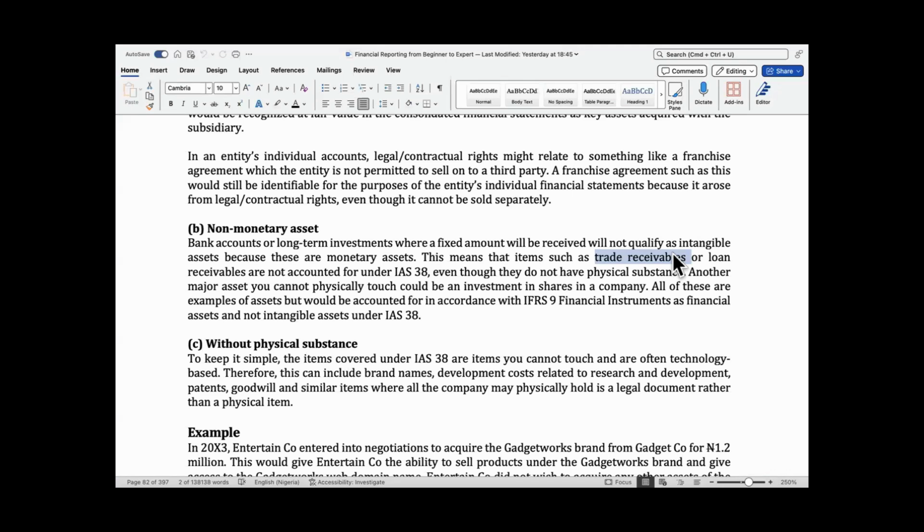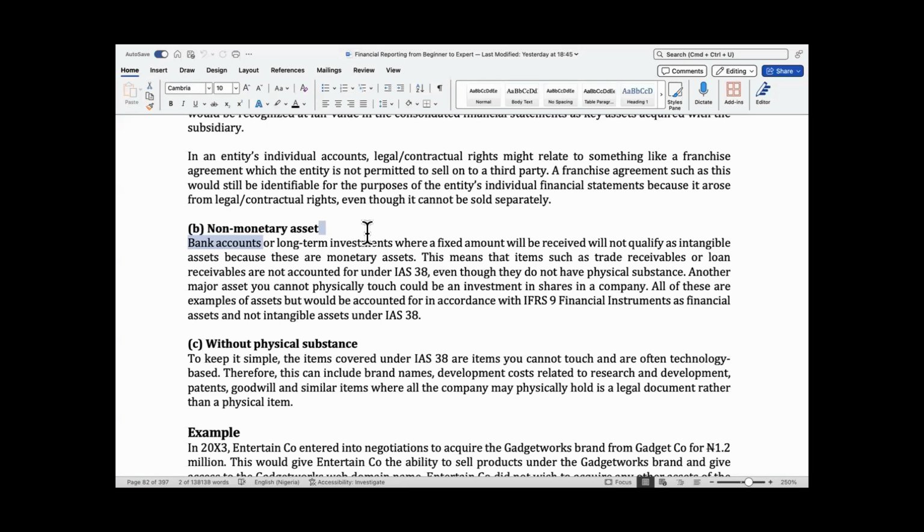You're getting back a fixed amount. So if you look at all these examples, trade receivables, loan receivables, bank accounts, long-term investments, these are assets that you cannot see or touch. So one would think, why is it not an intangible asset? The reason is because they are monetary.